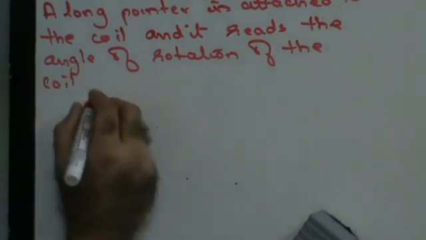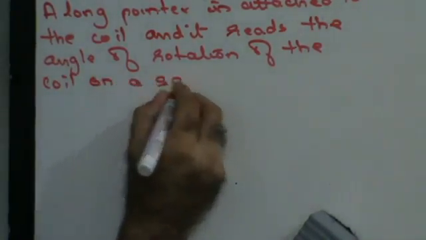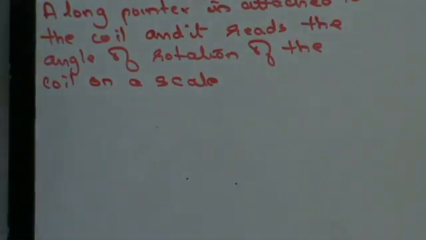So that's the construction of a pivoted coil type moving coil galvanometer.